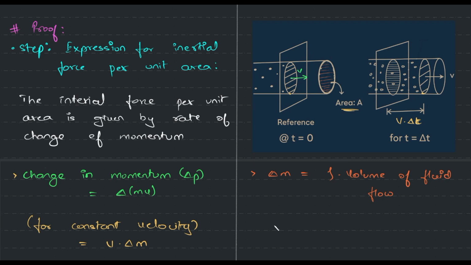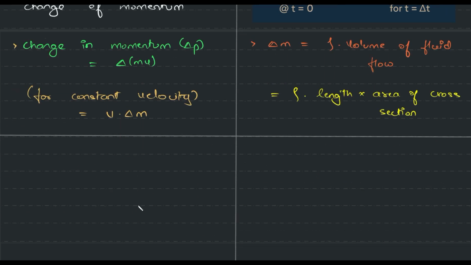Density of a given fluid is fixed, given by rho, and volume of the fluid will be given by length into area of cross section.